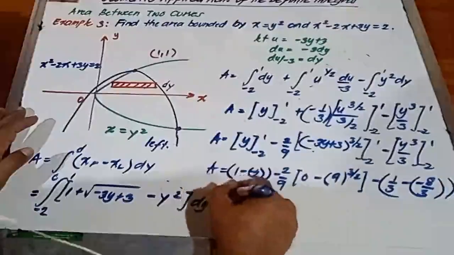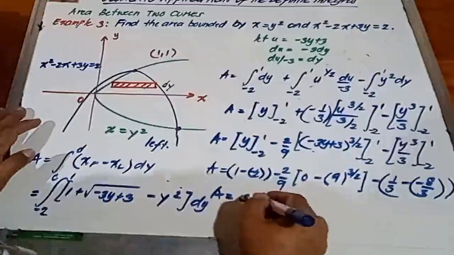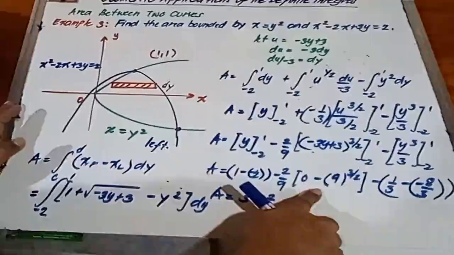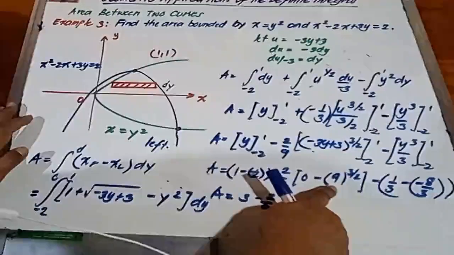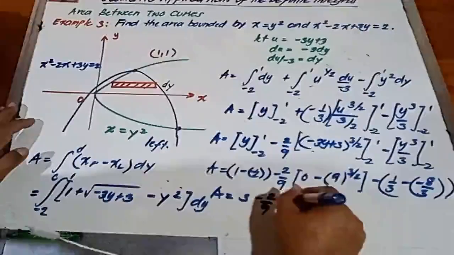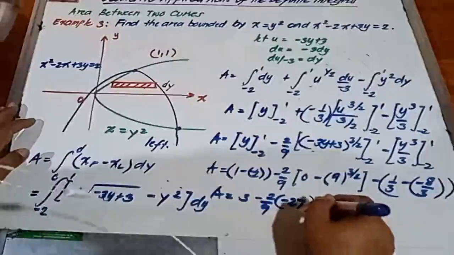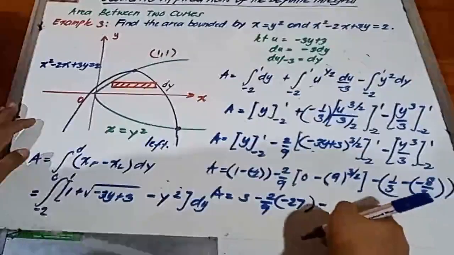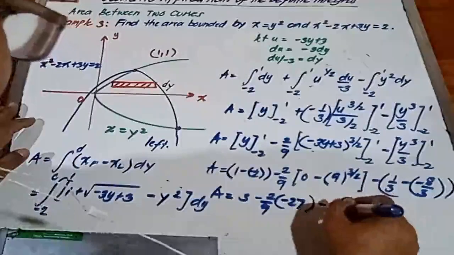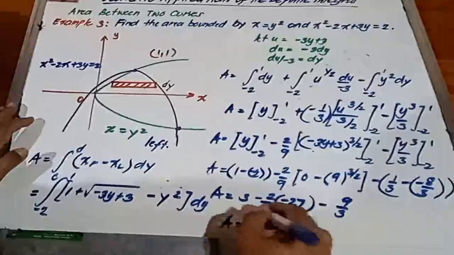So, area equal to, this is 3 minus 2 over 9 is negative. So, square root of 9 is 3. 3 cube is 27. So, minus 27. And then, this one is minus 1/3 plus 8/3. Sorry, that is 9 over 3. Okay. Area is equal to 3.